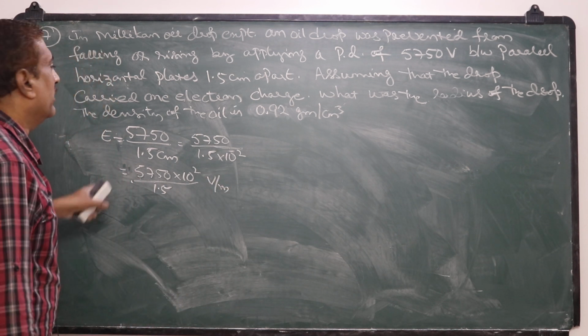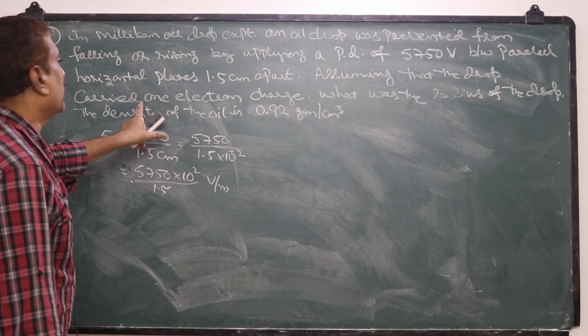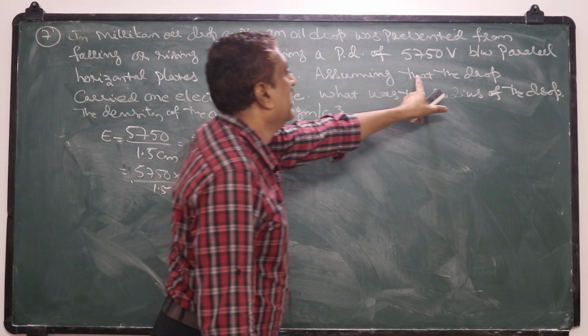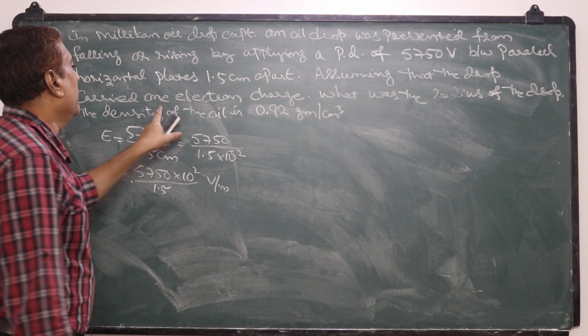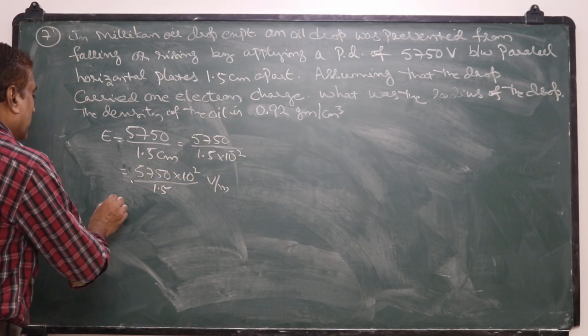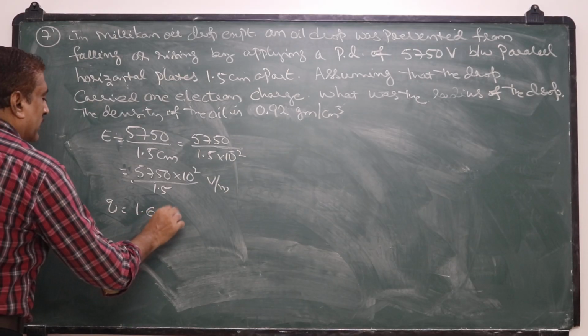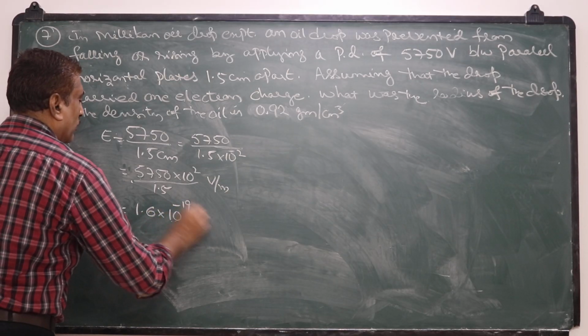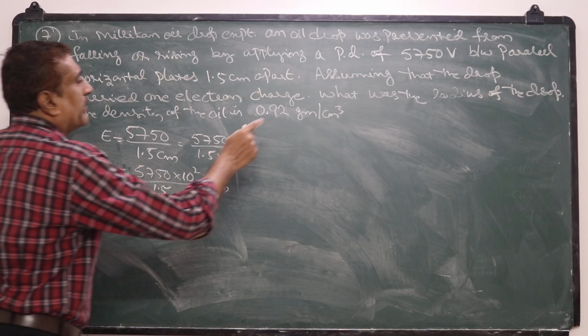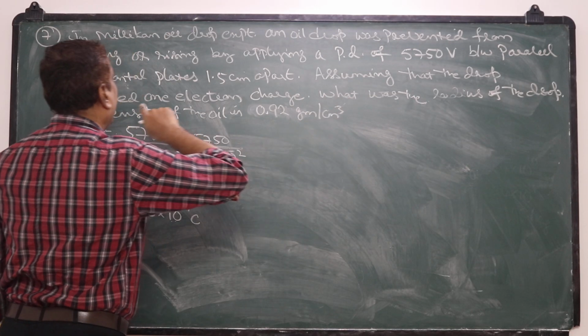Another given is the charge carried. Here the drop carried one electron charge. That means Q is equal to the charge of one electron, that is 1.6 into 10 to the power minus 19 coulomb. Next, you have to find the radius of the drop.